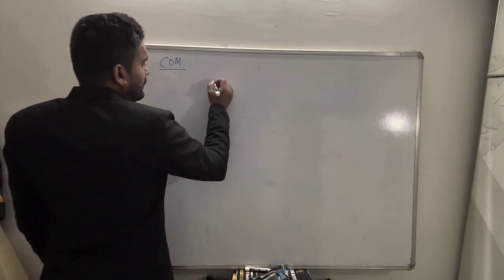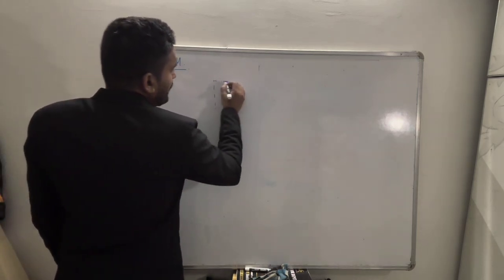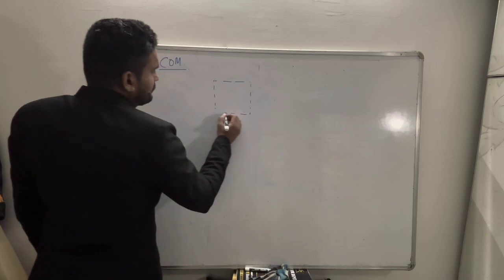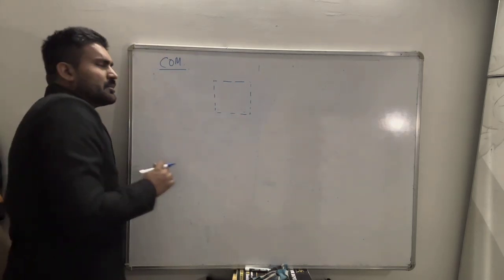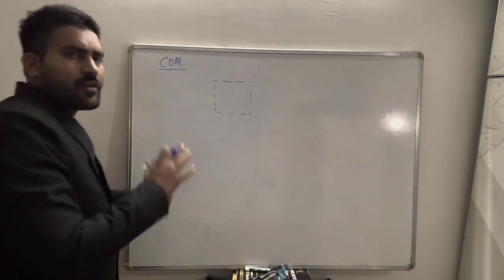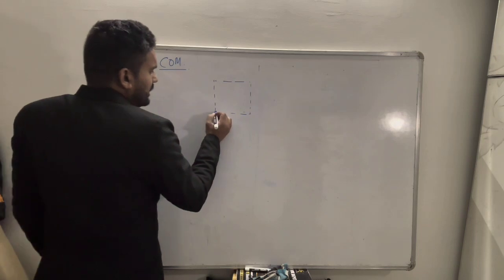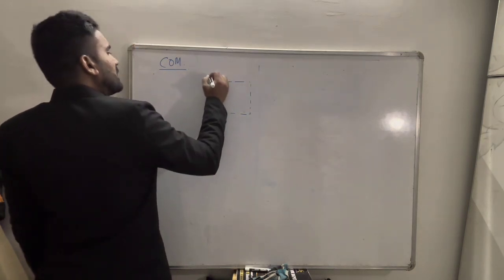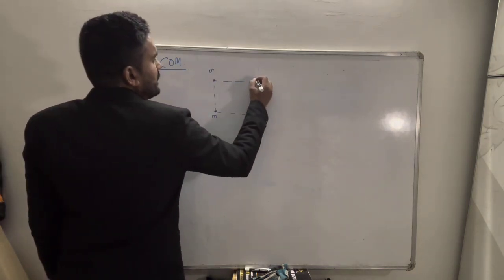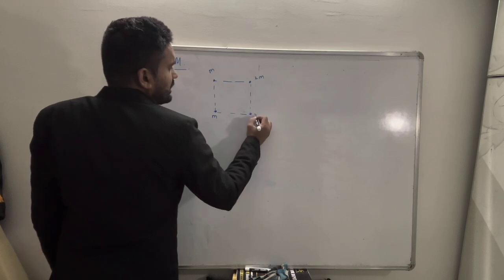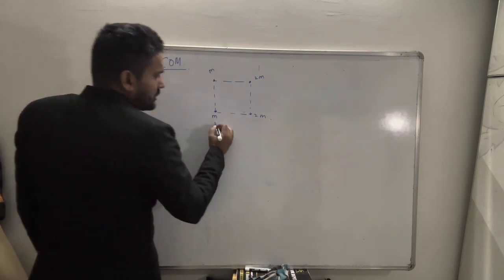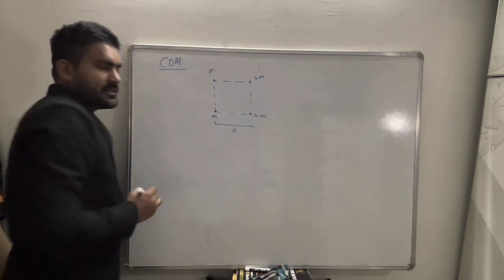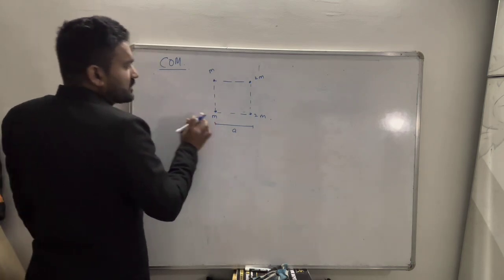It is given that 4 masses are kept on the vertices of a square. Means 4 masses are arranged in the form of a square, like here the m mass, here also the m mass, here it is 2m mass, and here it is 2m mass, right? Let us say the side of the square is a. What is the coordinate of the center of mass?